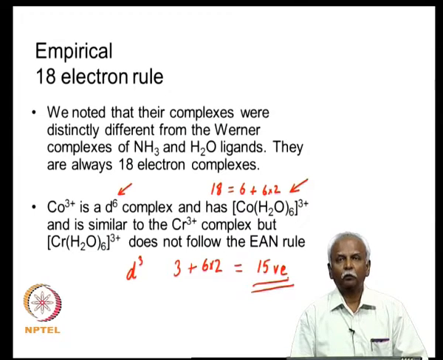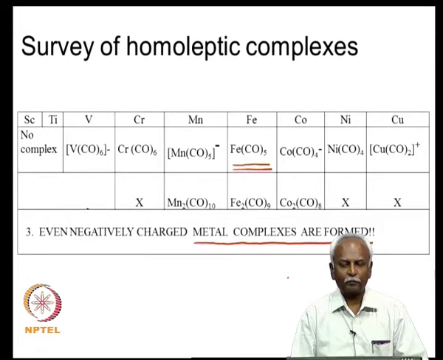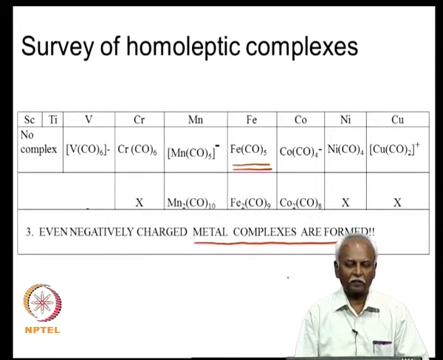Unlike the coordination compounds formed in Werner chemistry, organometallic systems tend to form 18 electron complexes. Let us just go back and look at the complexes that we have generated, especially the neutral ones. It is very easy to do the electron counting in these cases.